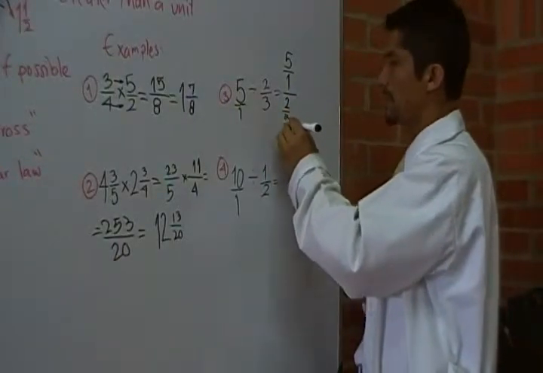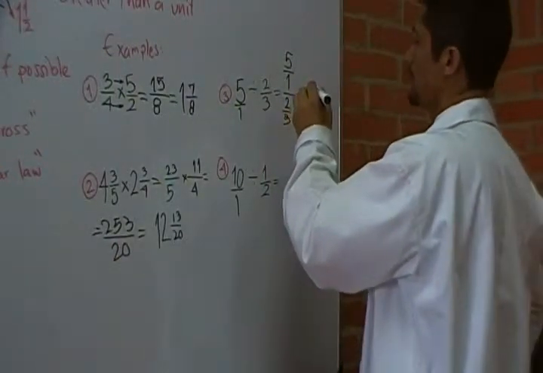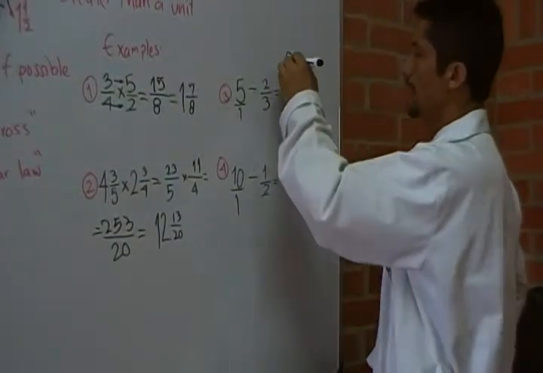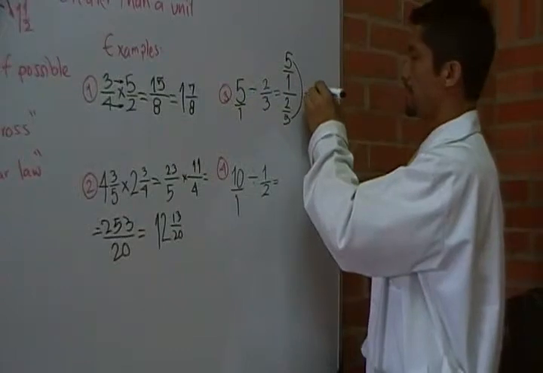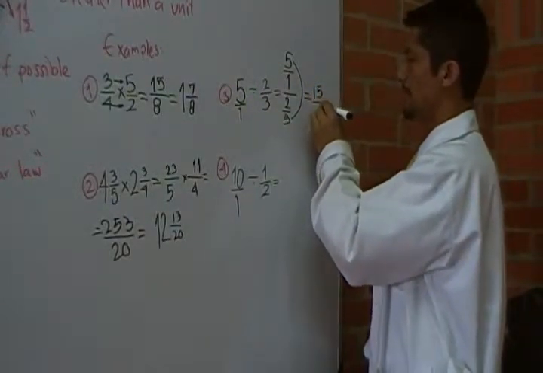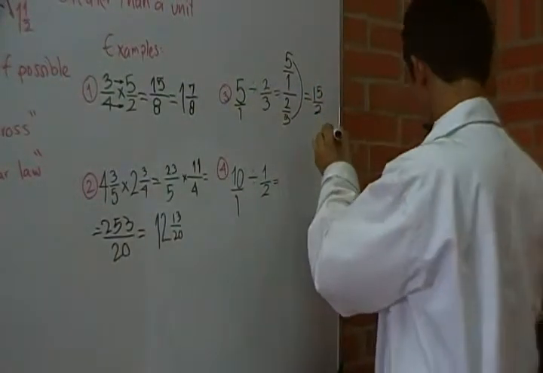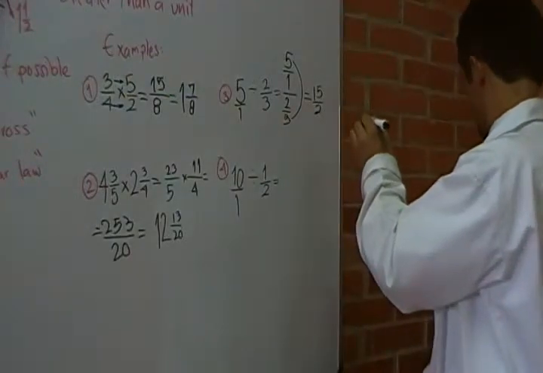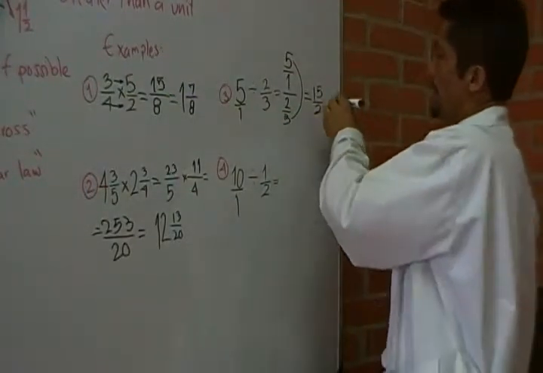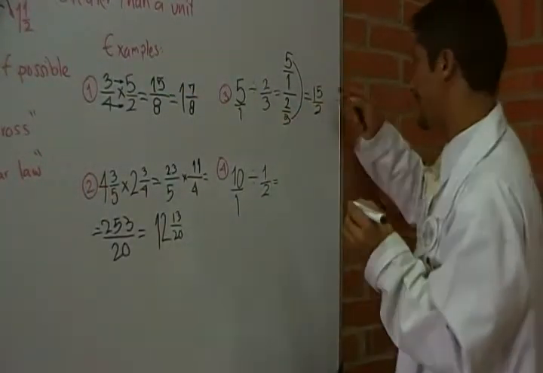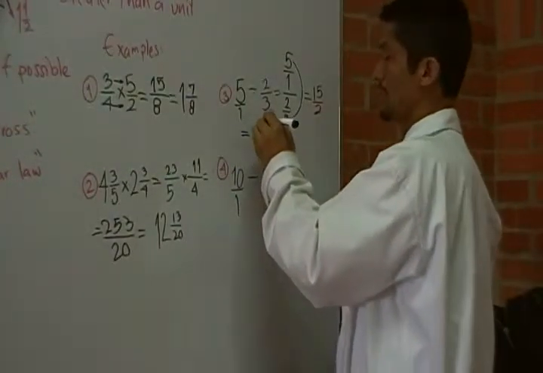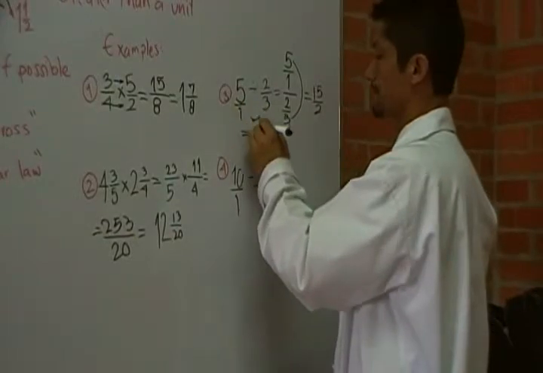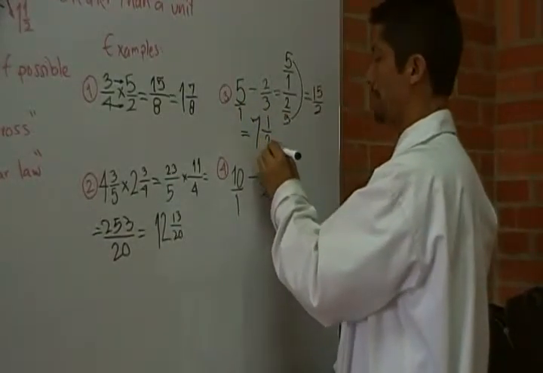So in this case, we can use the LOW. So 5 times 3, 15, divided by 2 is 15 halves, and then this one can be converted using mental math into 7 and 1/2.